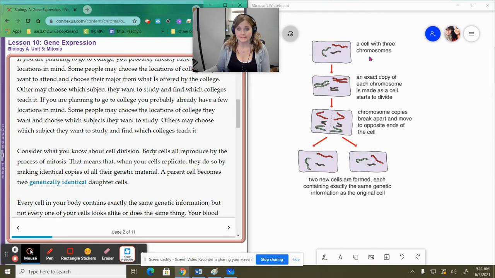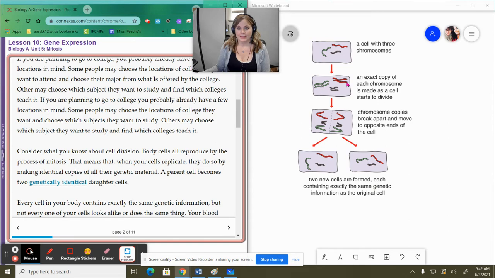It starts with the parent cell, and in this example, we have a cell with 3 chromosomes, simply because it's easier for us to draw and model with just a few chromosomes than a human cell, which has 46 chromosomes or 23 pairs. It becomes a little tricky to keep track of everything.